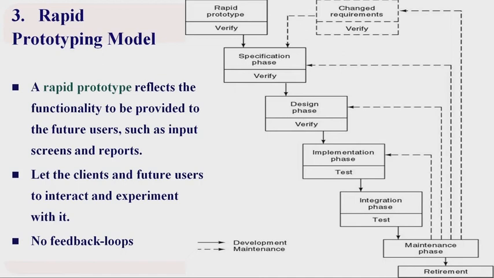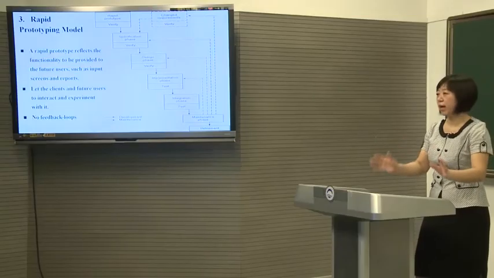The third one, the rapid prototyping model. That means the developers will use a rapid prototype to replace the requirements phase. A rapid prototype reflects the functionality to be provided to the future users, such as input screens and reports. So that means something you can see and touch.